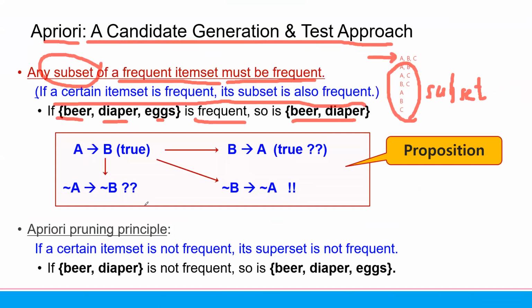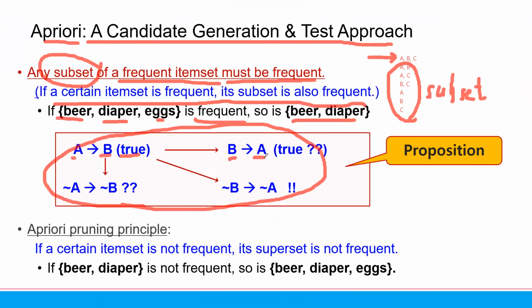You can check from this proposition. I'm not sure if you still remember, you learned in the discrete math class, there is De Morgan's law. If A implies B is true, what is the correct one?